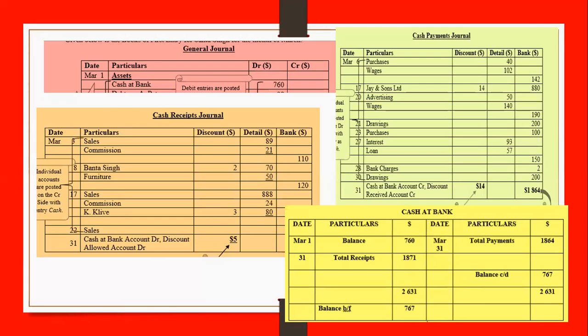What is your total? Unmute yourself. 760 plus 1871, total debit side. What is your total for the debit side?